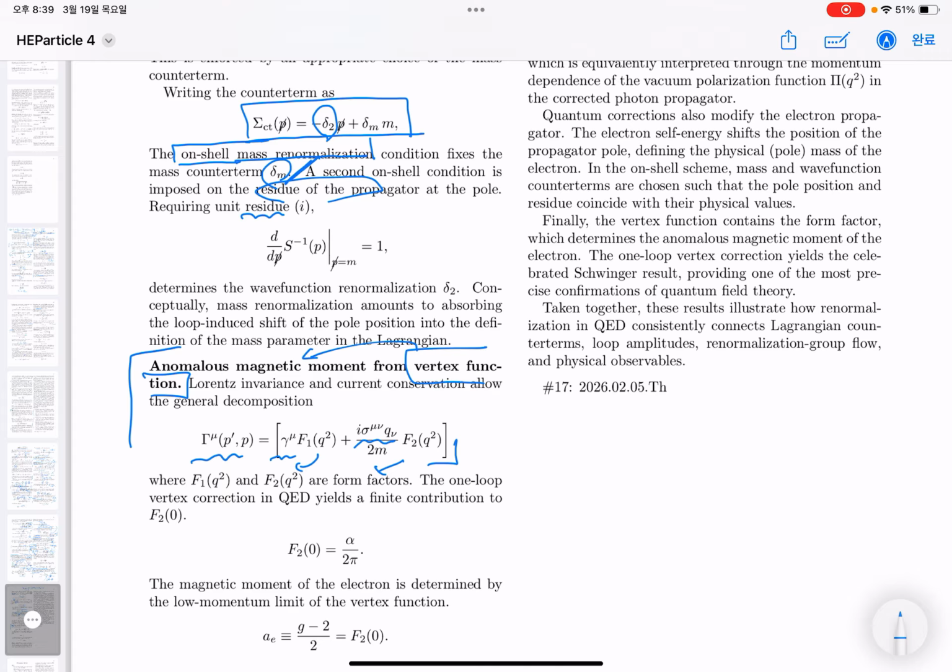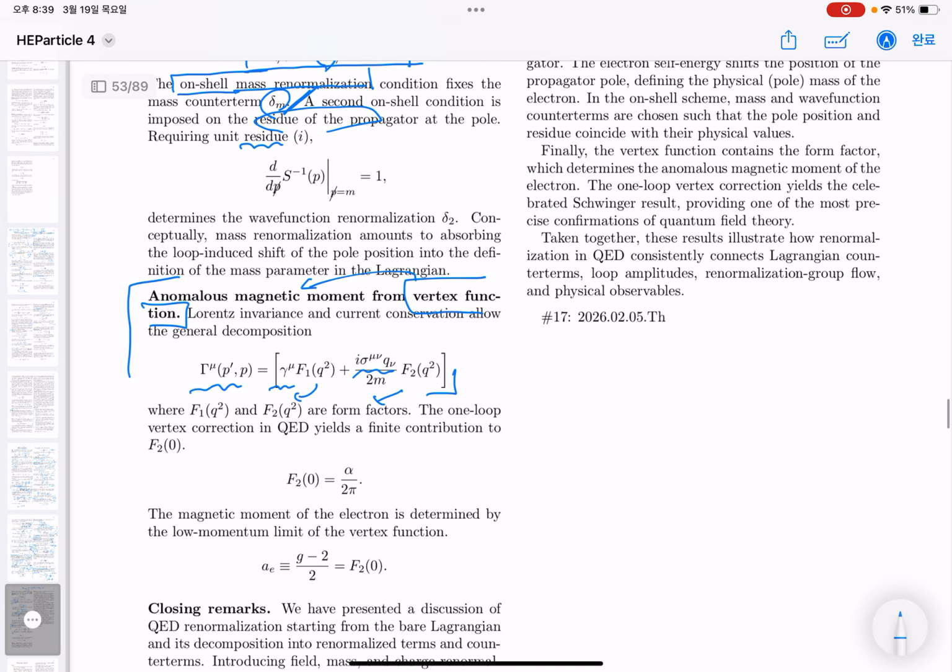And these form factors change some observables like the magnetic moment. Especially the latter gives some contribution to the magnetic moment of the electron, and one can obtain the anomalous magnetic moment at the one-loop level, which is of the order of the fine structure constant.